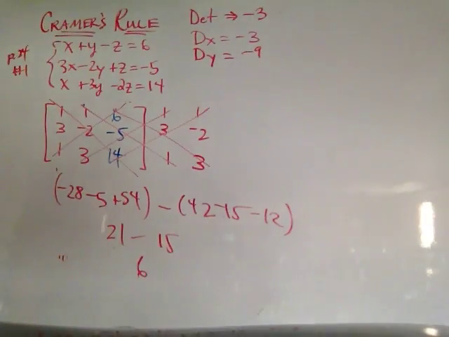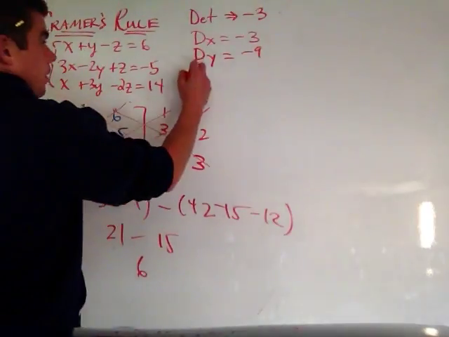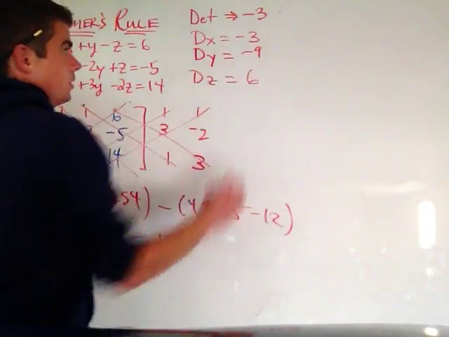So I got 6. I got the determinant with respect to z is equal to 6.